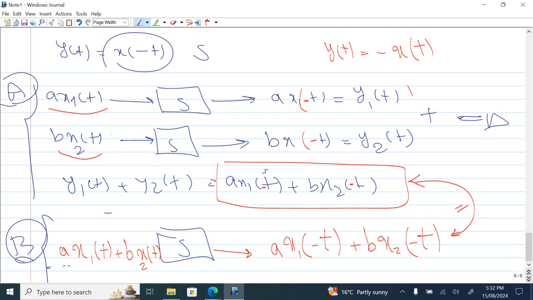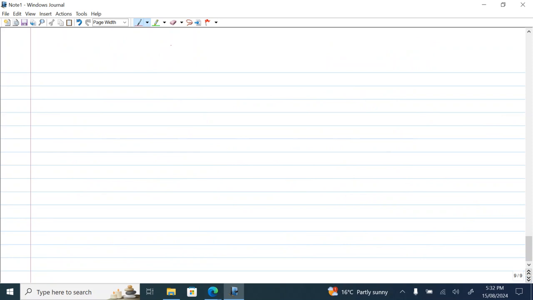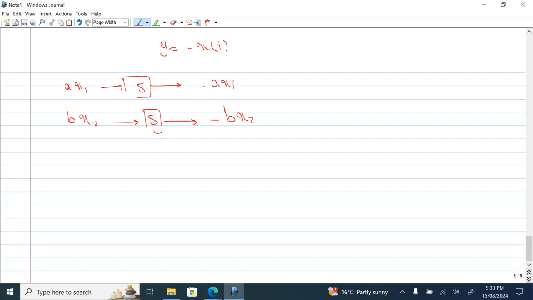Now, if your y is minus xt, if I send ax1 to the system, what I get is minus ax1. Then I send bx2 to the system, what I'll get is minus bx2.